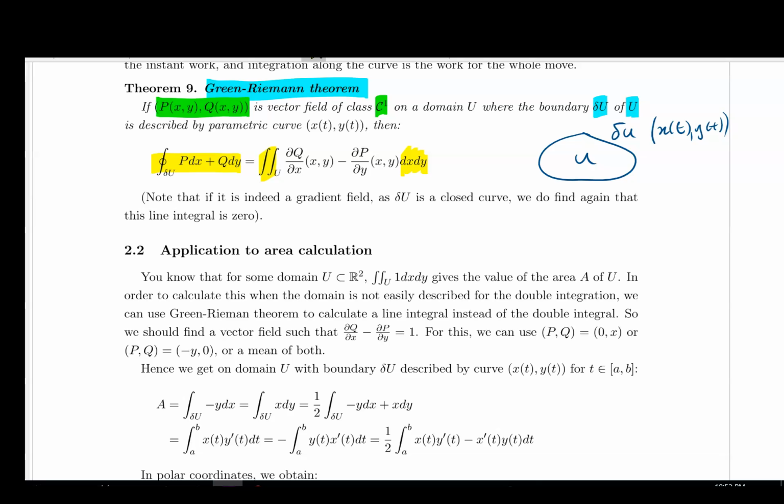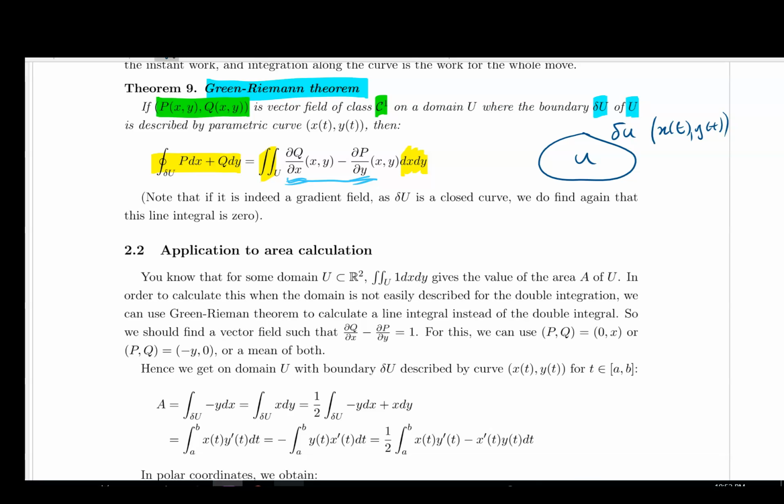The first thing that we can note is that those two partial derivatives are the ones that we use in order to compute whether we have a conservative vector field, and so that we find indeed what we expect.